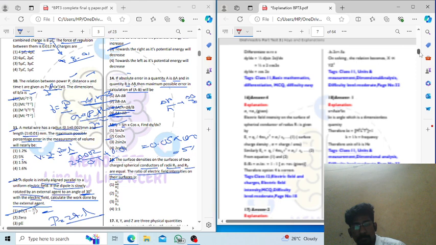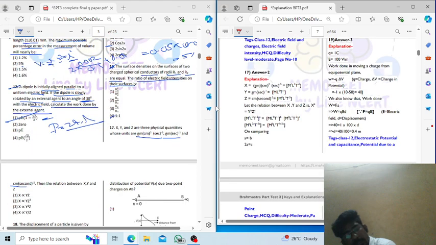take the relation between them as x to the power a equals y to the power b, z to the power c, or you can take the proportionality symbol also. Just introduce one constant, that is equals to k, y to the power b, z to the power c. So I put in the values of the dimensions of this.